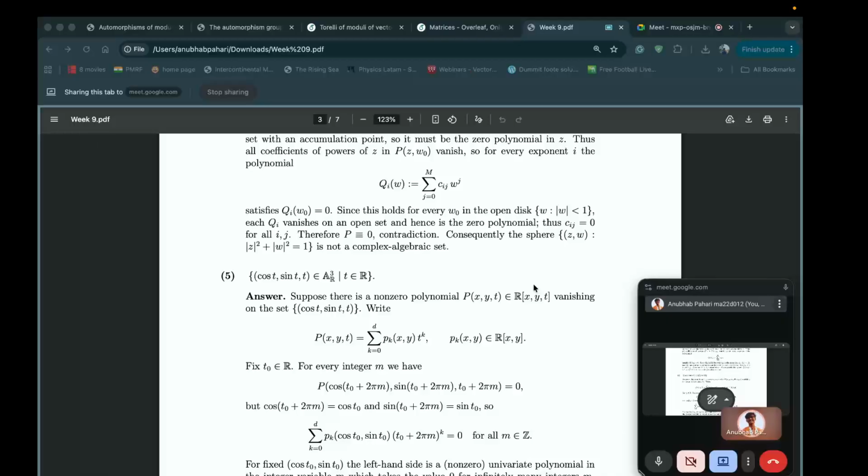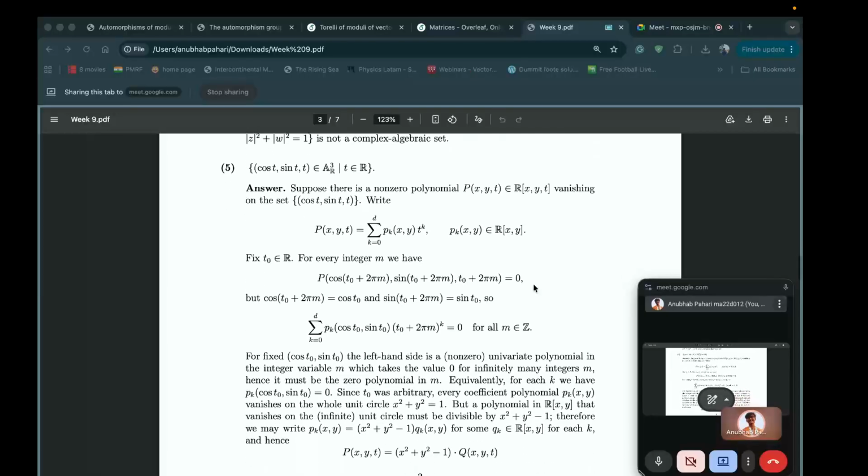Thus c_ij equals 0 for all i, j. Therefore p equals 0, which is a contradiction. Consequently the sphere mod z squared plus mod w squared equals 1 is not a complex algebraic set.